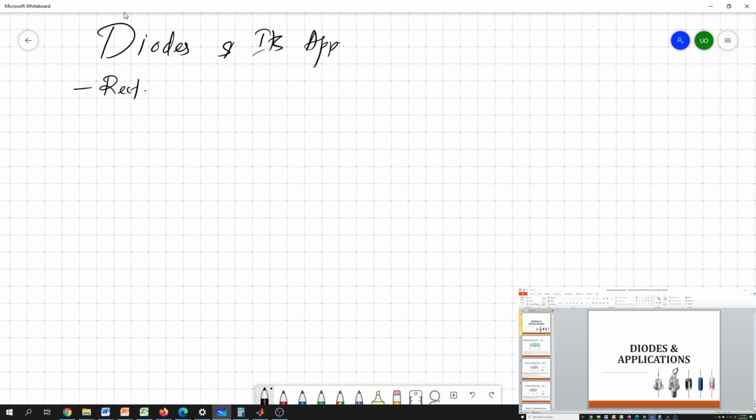For this particular section, we are not going to explain the concepts or implementation of the p-n junction and its properties.